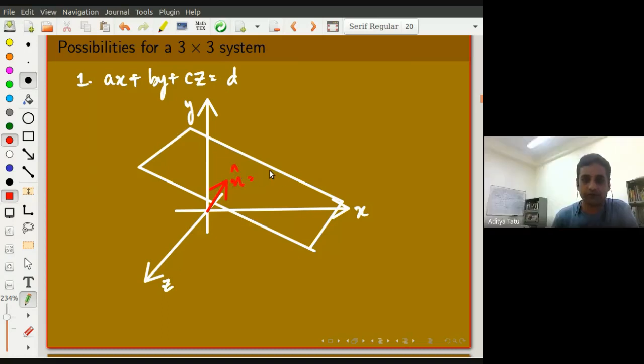A, B, C, right? Why should I mean, what is it that gives me this interpretation that the vector ABC is normal to the plane?